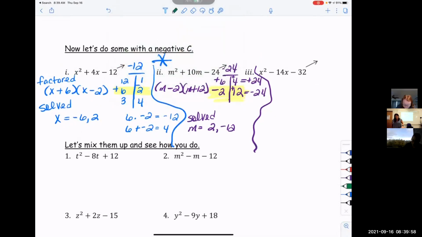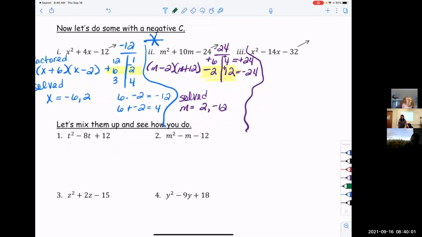See how it's going. Do factored and solved, just like we've been doing.